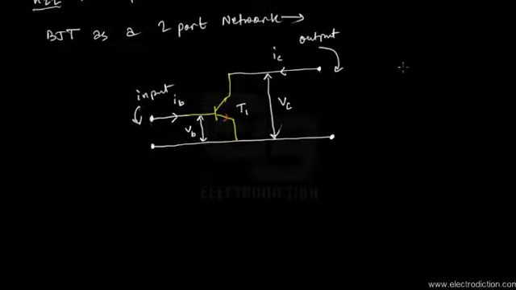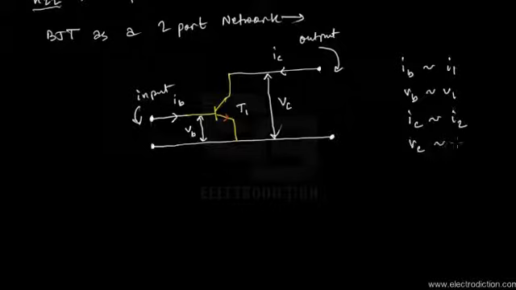So here IB is the same as I1 in the H parameter model, and VB is the same as V1. IC is the same as I2, whereas VC is the same as V2, the output voltage.